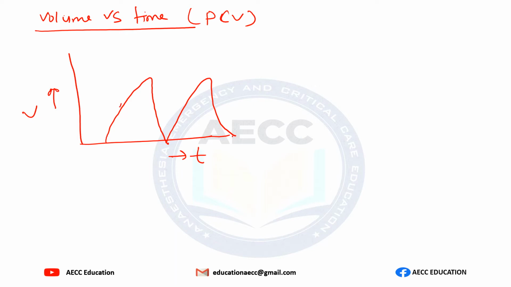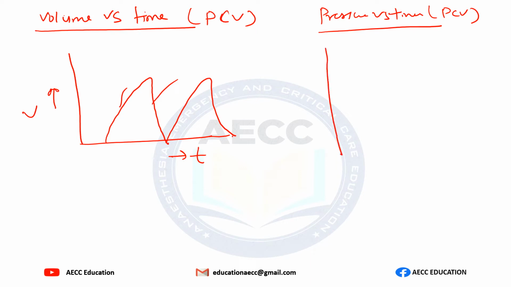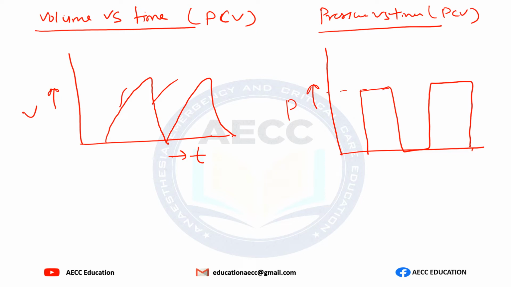This is the inspiration, this one is the expiration. And pressure versus time scalar, in case of the pressure control mode, pressure is constant, so like this. So pressure is constant, here time, here pressure, that is the centimeter of H2O.